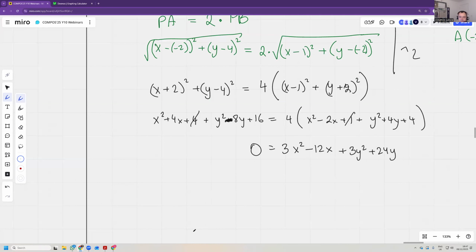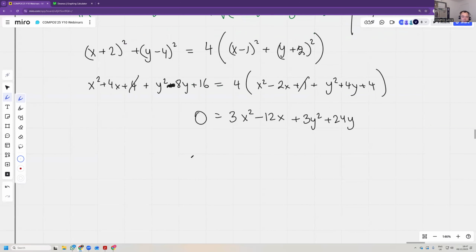Slightly annoying, but okay. We can divide the whole thing by 3, and we get x squared minus 4x plus y squared plus 8y equals 0. Now that doesn't look like an equation of a circle, but we can complete the square.